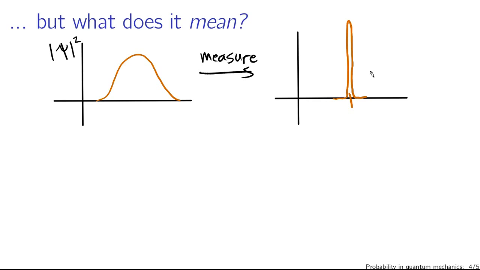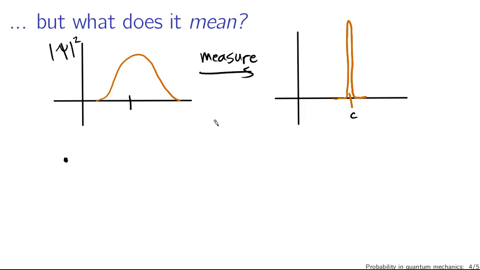This is one of the deep issues in quantum mechanics that is quite difficult to interpret. So what do we make of this? Well, one thing that you could think, just intuitively, is that this probability distribution wasn't really all the information that was there. Really, the particle was there.